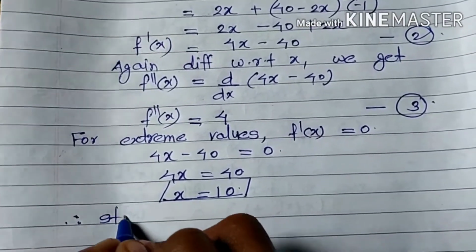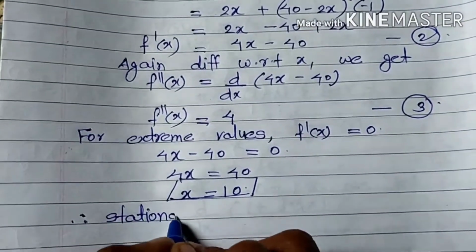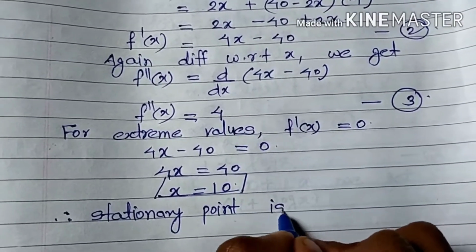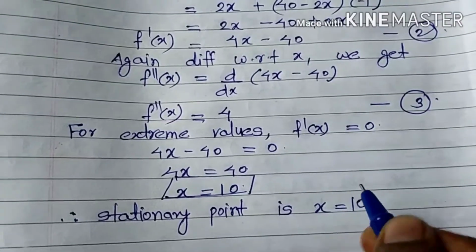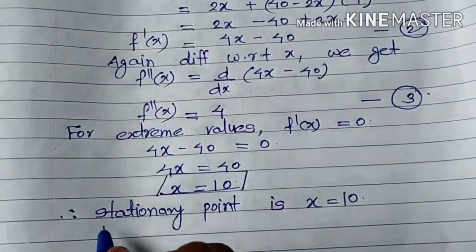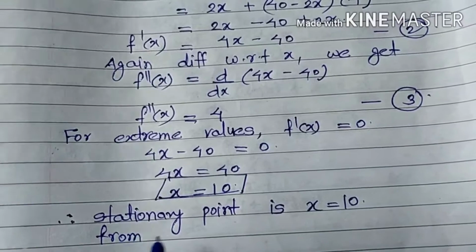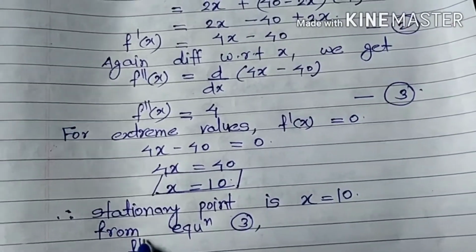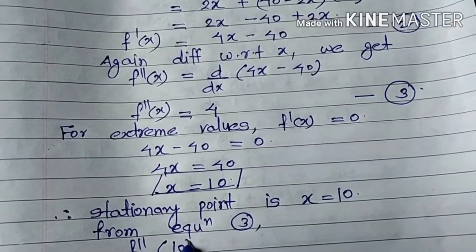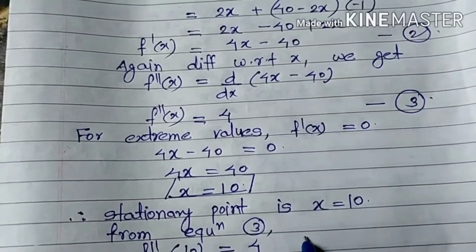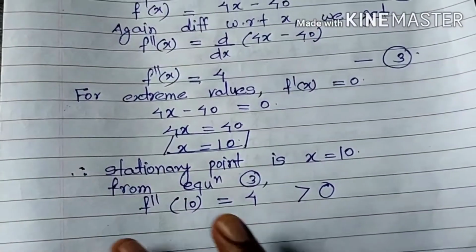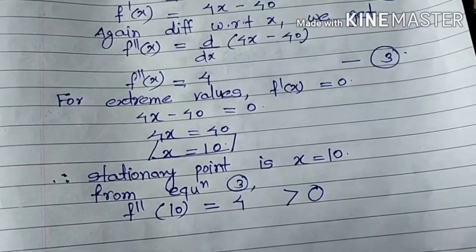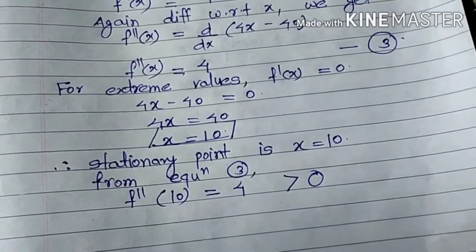Therefore, stationary point is x equal to 10. Now put that value in f double dash of x from equation 3. F double dash of 10 is equal to 4 and which is greater than 0. Means by second derivative test, f of x is minimum at x equal to 10.